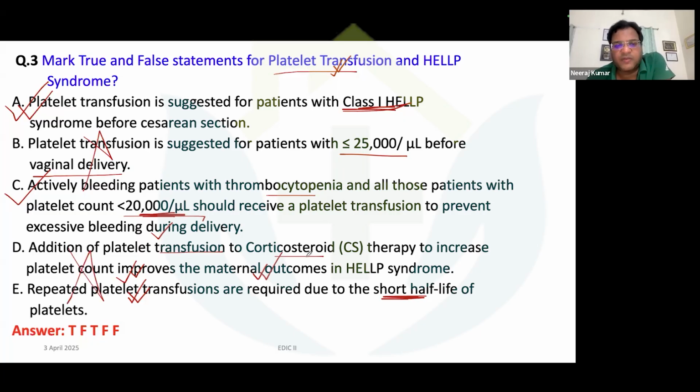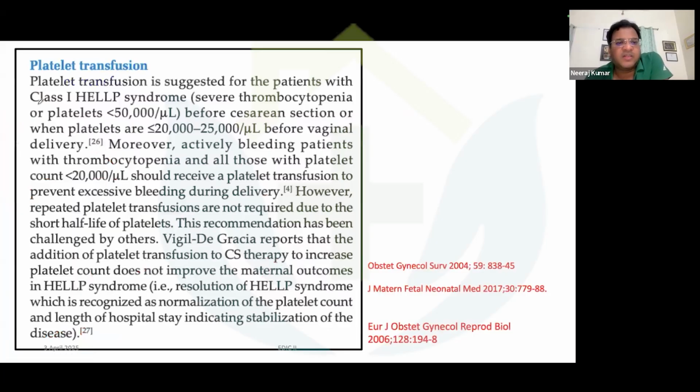The last two options are not true. If you add corticosteroid to platelet transfusion, it is not going to increase the platelet count or improve the maternal outcome, and repeated transfusion is not required at all, even with the short half-life of platelets. So class 1 HELLP syndrome means severe thrombocytopenia, with a platelet count less than 50,000. So platelet transfusion is always suggested before cesarean section, or when platelets are less than 25,000 before vaginal delivery.